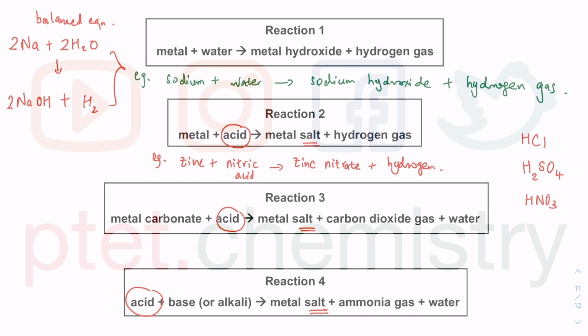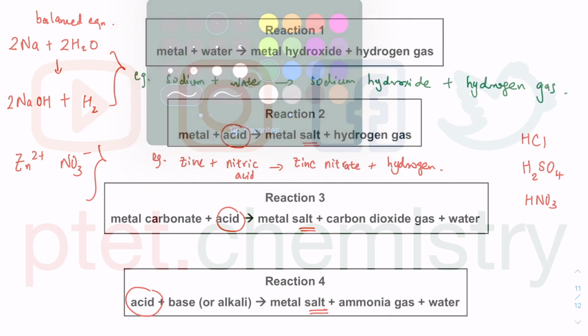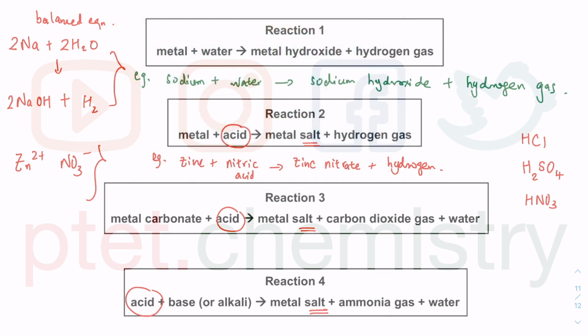For practice, you can try and get the formula of zinc nitrate. Be very careful. Zinc is Zn 2 plus, nitrate is NO3 minus. If you get the wrong formula for the ions, you will get the wrong formula for the whole thing. Valency follows the charge.